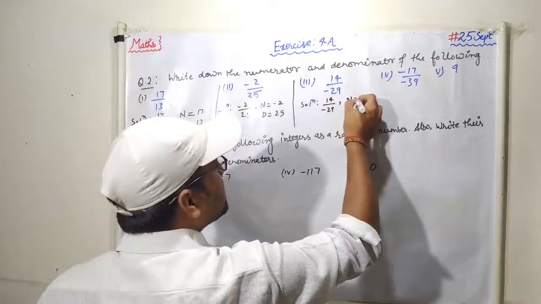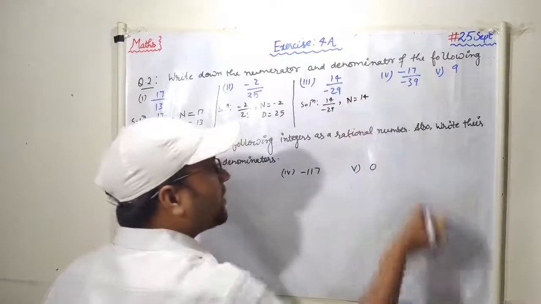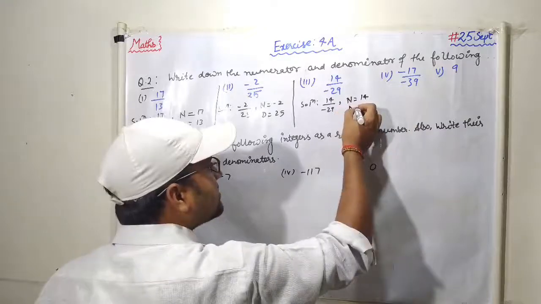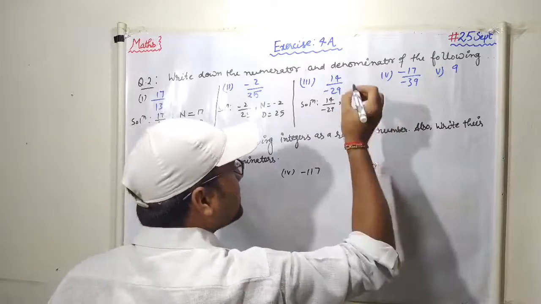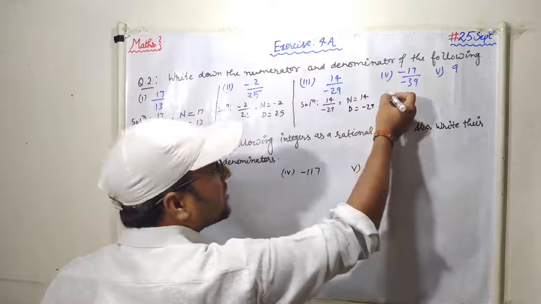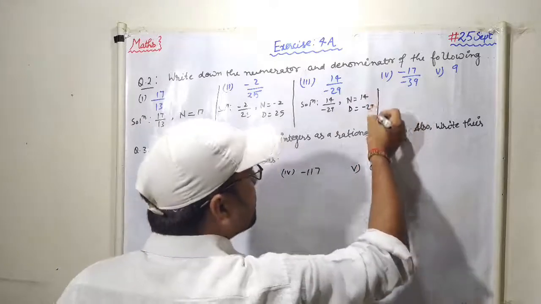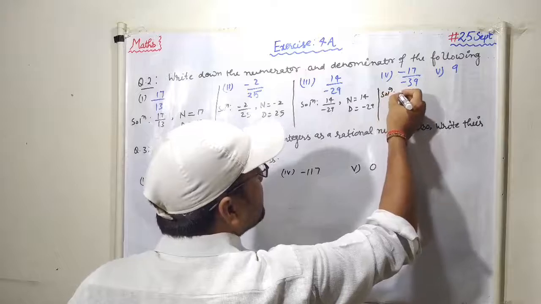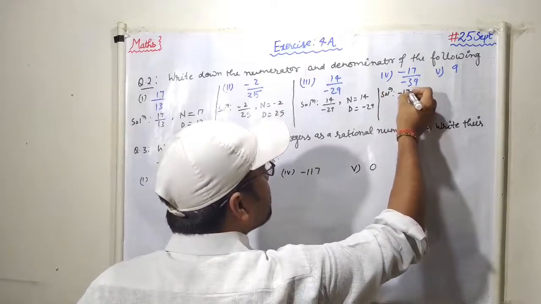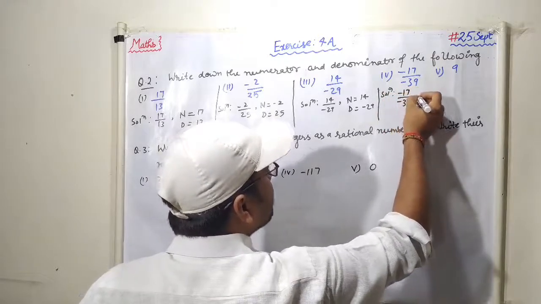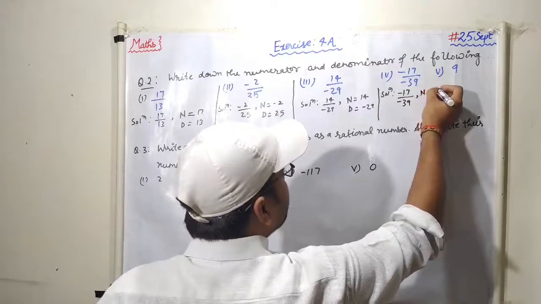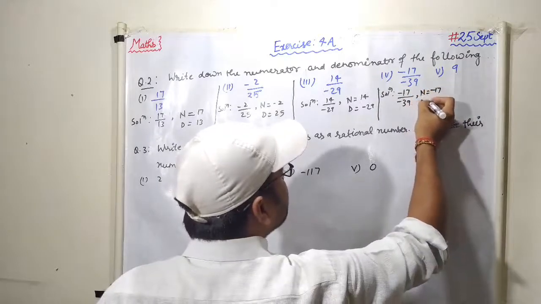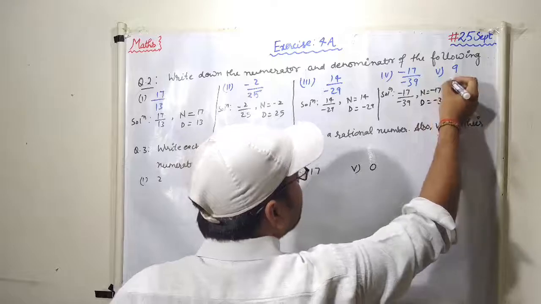The upside term is the numerator and the downside is the denominator, minus 29. Now question number fourth, its solution is very easy, students. Minus 17 upon minus 39. So numerator is equal to minus 17 and denominator is equal to minus 39.